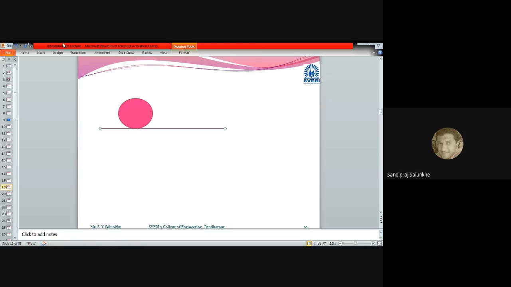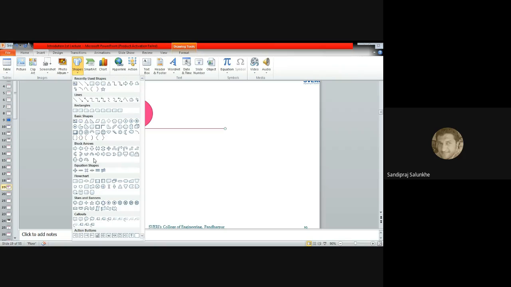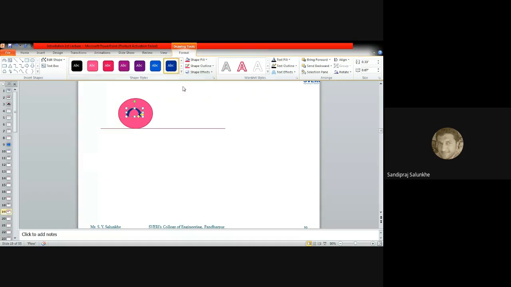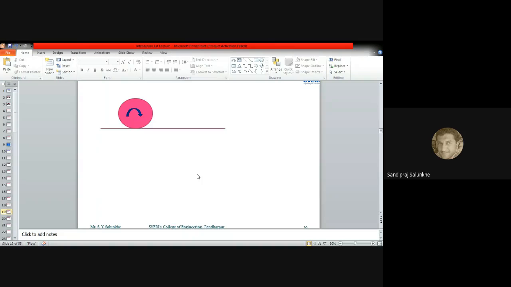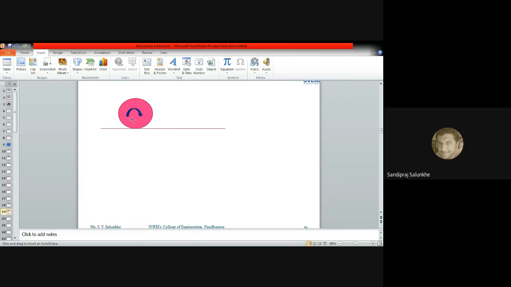If it is rotating and moving forward, definitely this wheel will not rotate unless you apply any external force on it. If we apply external force, then only motion is possible, right?